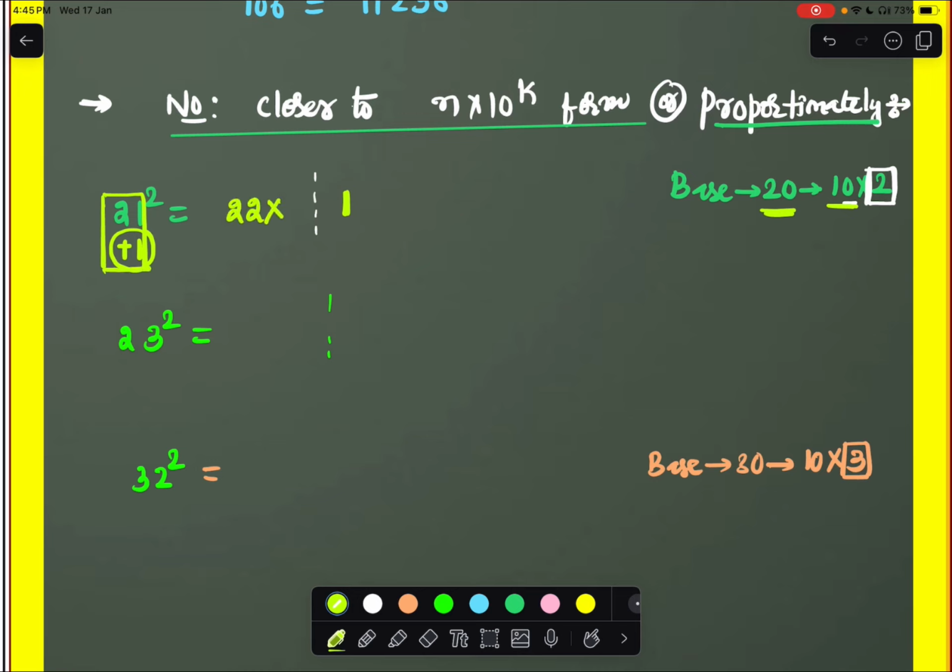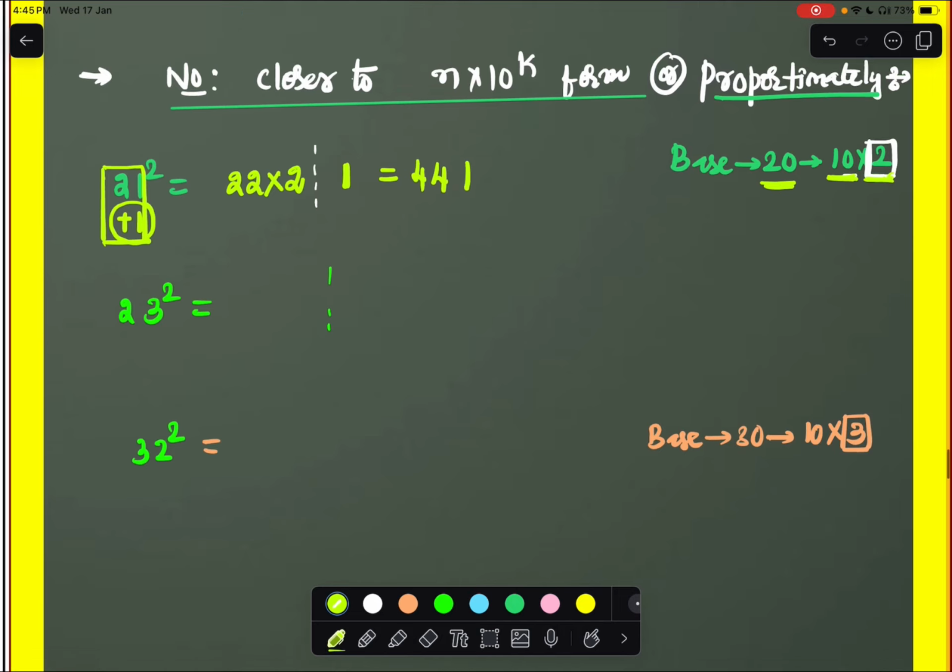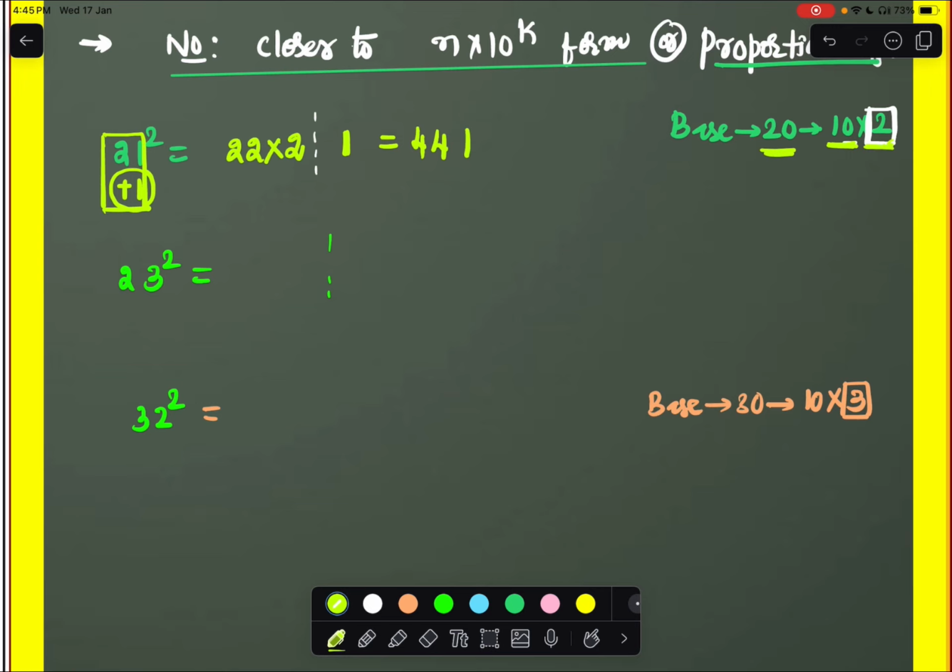Since there is a proportionality multiple, we need to multiply it. We multiplied our standard base by 2, so multiply the leftmost part by that proportionality number. What do we get? 22 times 2 is 44, and 1 squared is 1 as it is. So the square of 21 is 441.